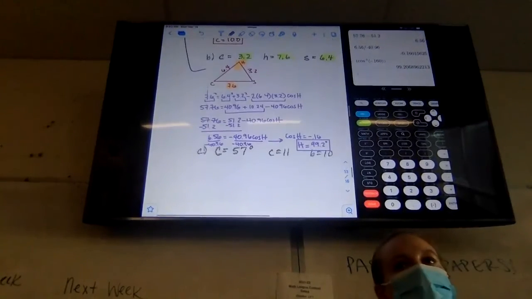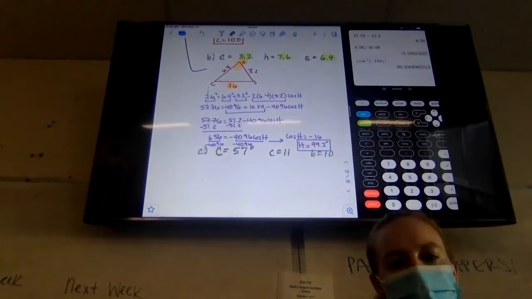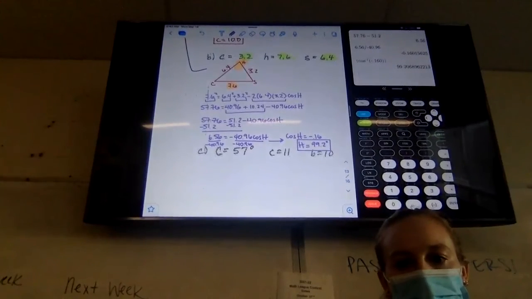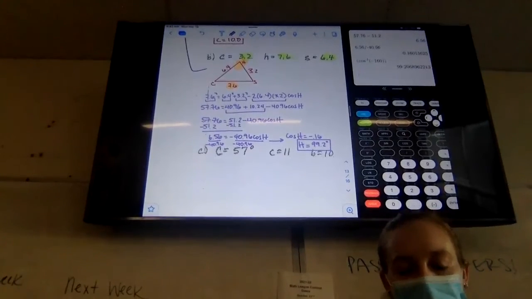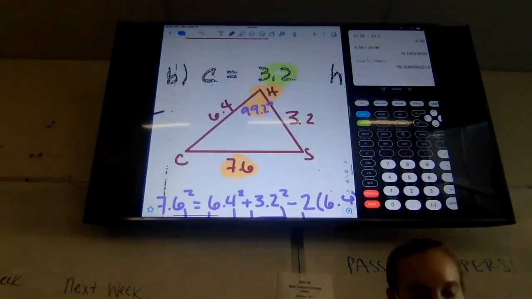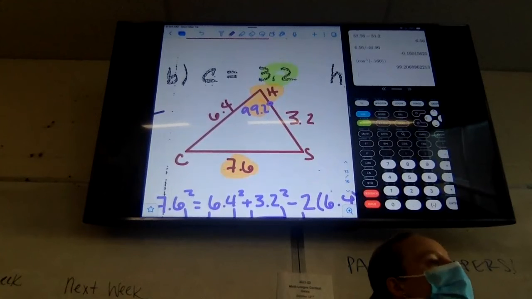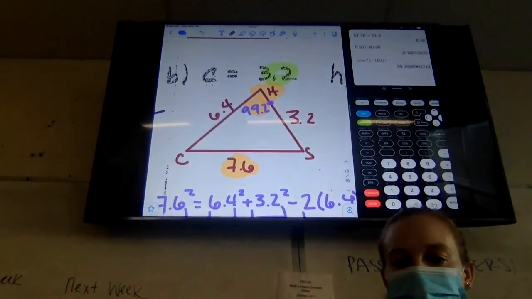Okay, that seems fine. Again, there were a few more steps with that problem than we've done in the past, but at the end of the day, it's still what we have been looking at, so nothing too crazy. Now we need to put that into my picture. 99.2. And you can use law of sines to find one of your other angles, and then I just subtract from 180 to find the last one.